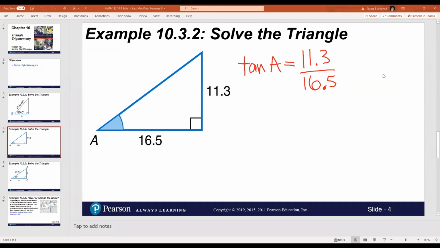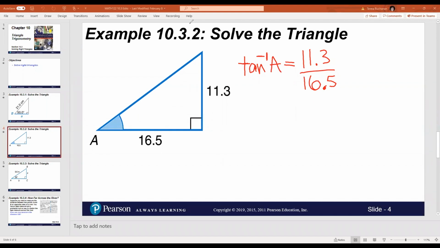But couldn't I find my angle if I thought about the inverse? The inverse of that given set of information, that given trig ratio. In other words, this is some decimal. I haven't laid it out, but the calculator doesn't care.